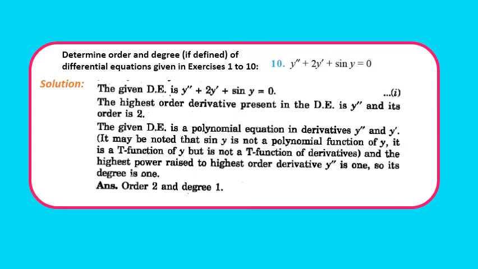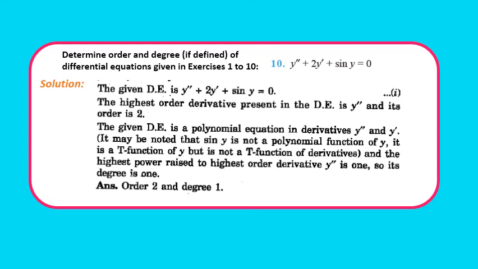Now moving to question 10. Determine the order and degree of y'' + 2y' + sin y = 0. So we have the differential equation y'' + 2y' + sin y = 0. Now here the highest order is what? y''. So the order of the given differential equation is 2. And the power of the highest order derivative y'' is 1.